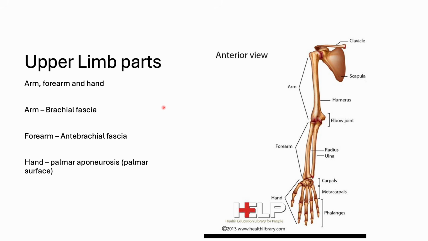And we have fascia, or connective tissue, that surrounds the parts of the upper limb. So we have the brachial fascia that surrounds the muscles of the arm. We have the antebrachial fascia for the forearm, and then on the palmar surface of the hand we have the palmar aponeurosis, which is like a thickening of the fascia there.